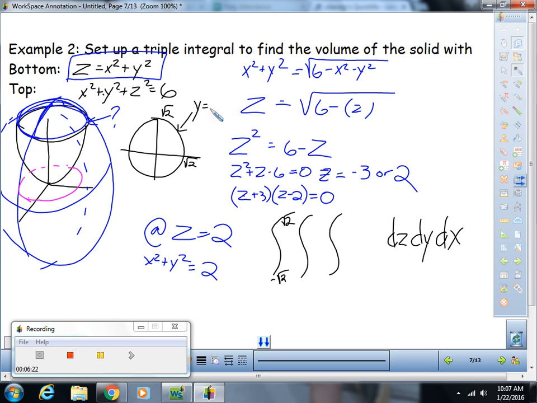Y equals radical 2 minus x squared, so it's going to go from negative radical 2 minus x squared to positive radical 2 minus x squared.